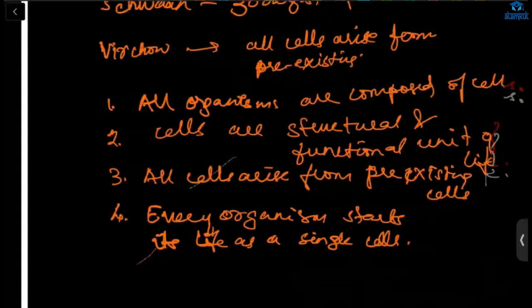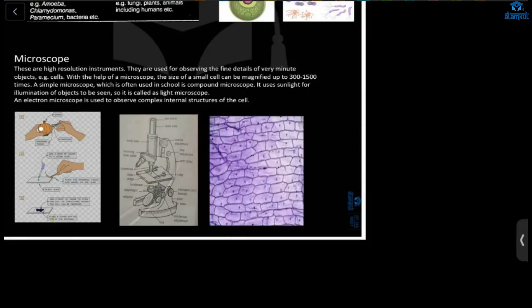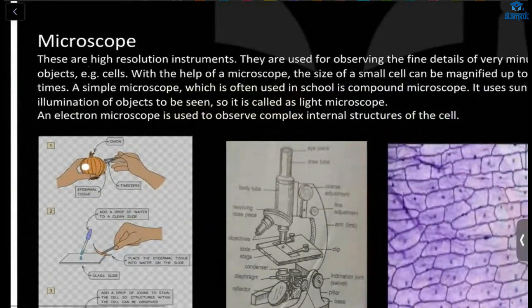Next, we'll learn about the microscope, the compound microscope. You have seen it in school, I guess. Have you observed onion peel? No, but we've observed amoeba. This microscope is a high resolution instrument.